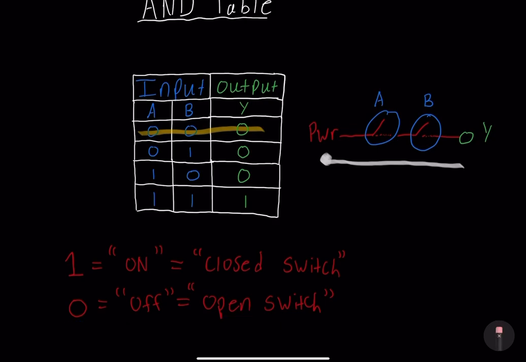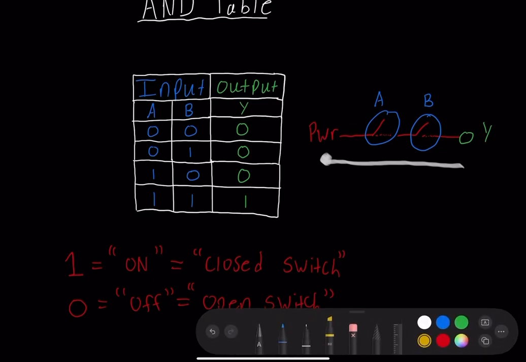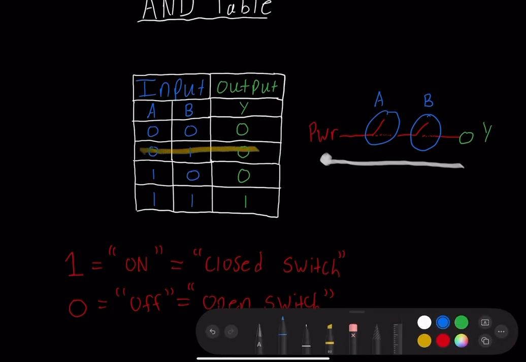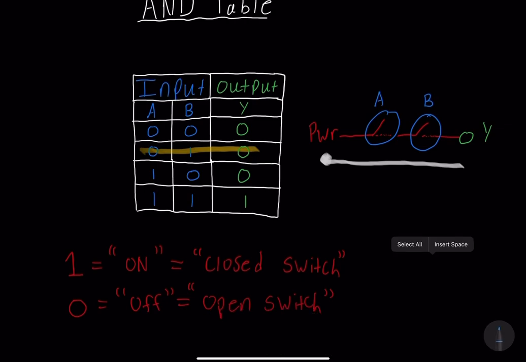Now let's look at the next row, where A is equal to 0, so A is still an open switch, but this time B is equal to 1. If B is equal to 1, it's going to be on, and if it's on, that means it has to be a closed switch.